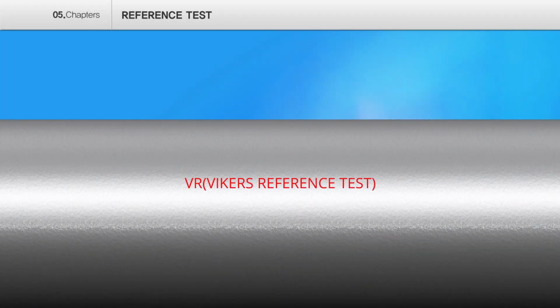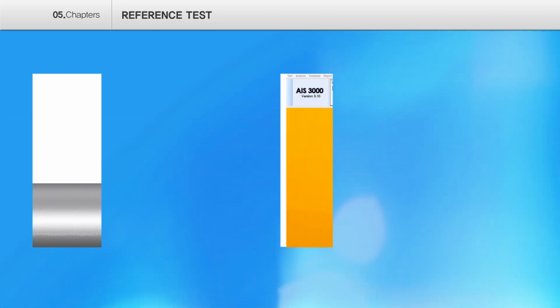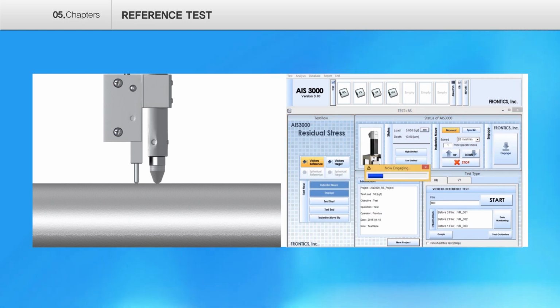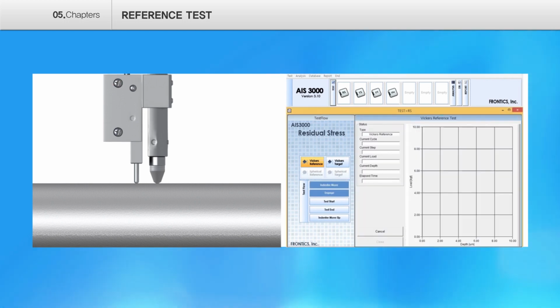At first, we prepare a stress-free state specimen. After checking the testing surface, fix the IIT instrument to the tested target using the proper attachment, and move the indenter down to implement the testing.